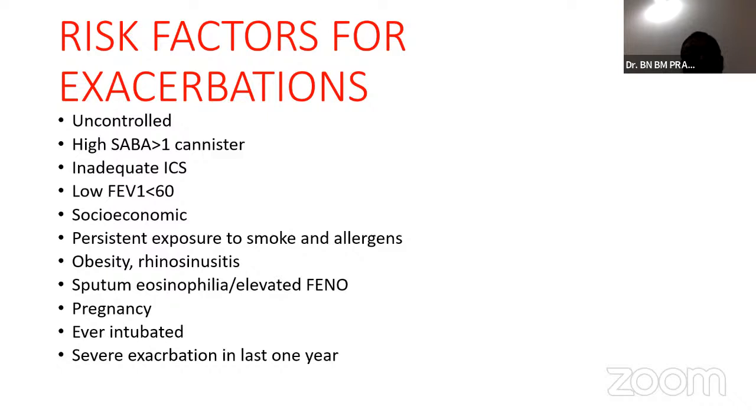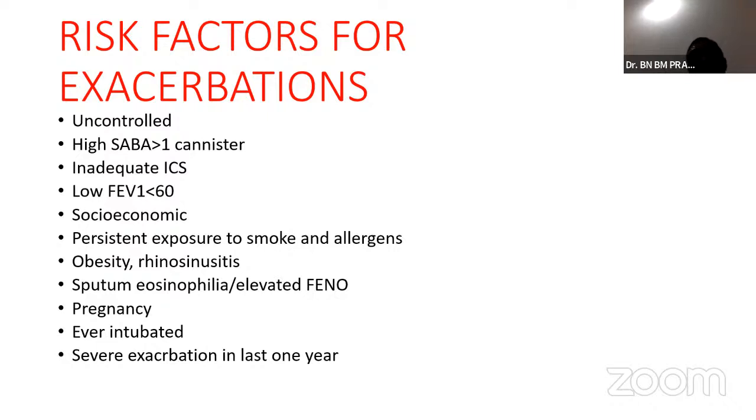And then those who have eosinophilic airway inflammation, where you do the sputum examination and find the sputum has eosinophils and elevated expiratory nitric oxide. So they are the ones who are likely to have a very severe attack.